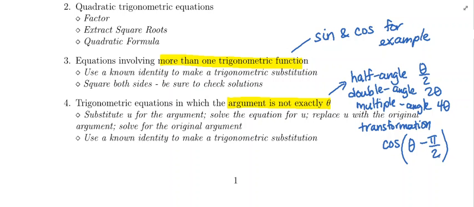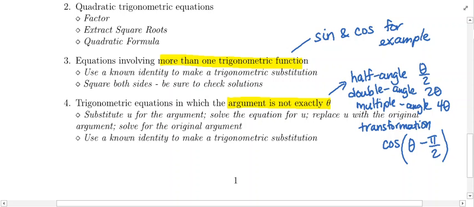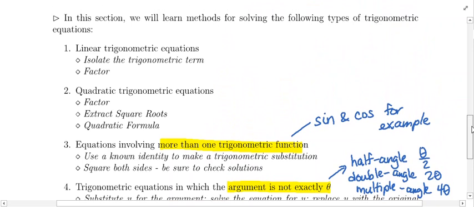Okay, we are going to go through the types of equations in this order. Okay, you're going to see all the different methods that can be applied. Okay, so this page is really just a summary. If you know you are stuck on an equation, you can flip back here, try to identify it as one of the types, and then recognize a method you can use to solve it.